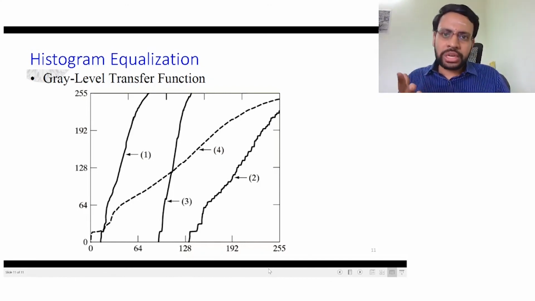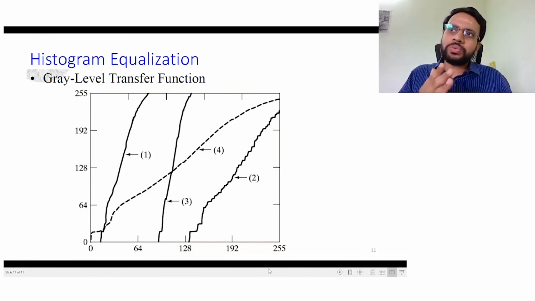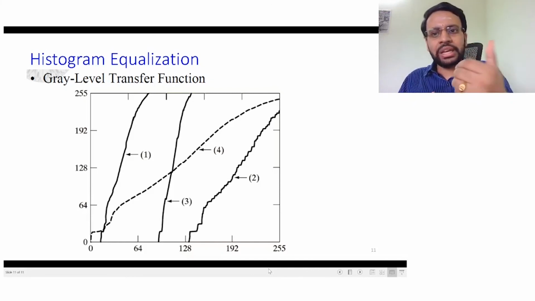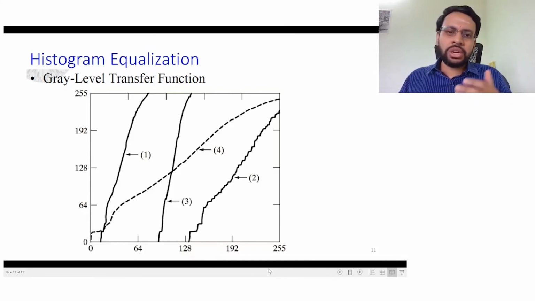Is it monotonically increasing, monotonically decreasing, strictly monotonically increasing, or strictly monotonically decreasing, or none of the above? I'm sure you know what monotonically increasing and strictly monotonic curves mean. Otherwise, you just refer to that and check that. So once you figure out the nature of these transforms you would be getting with histogram equalization, what is its impact? So that you think about it.